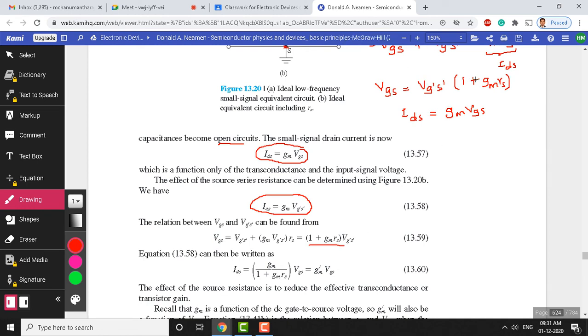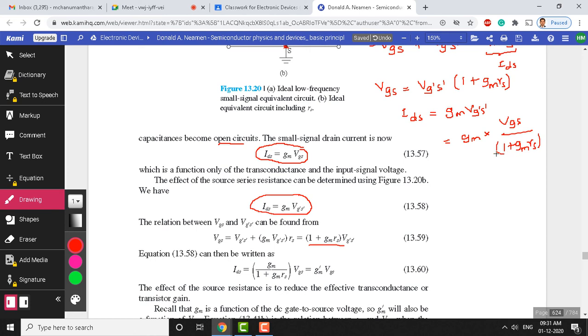You can just transfer this to the other side. Let me manipulate here. V G dash S dash is this, and therefore you can substitute. So let us keep this GM as it is, into V G dash S dash. From this equation it is VGS divided by 1 plus GM times RS.